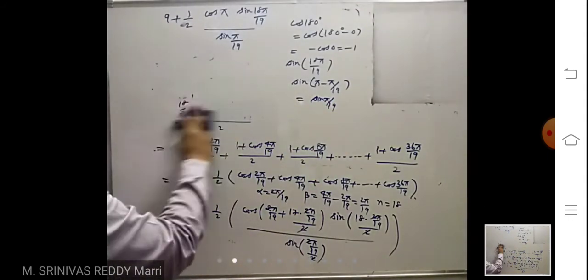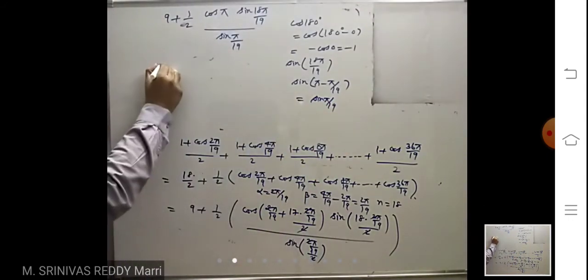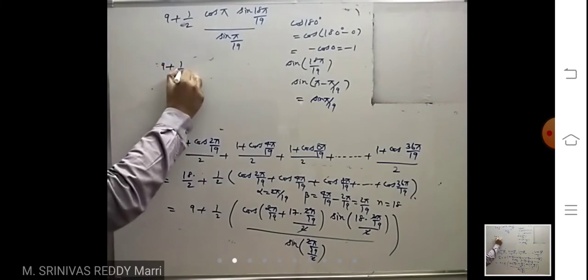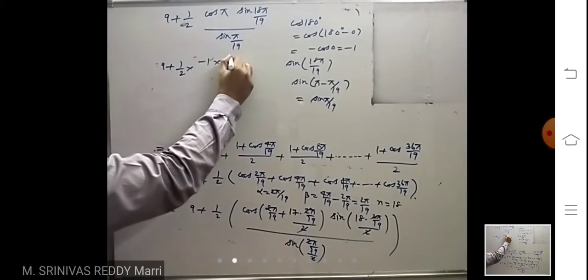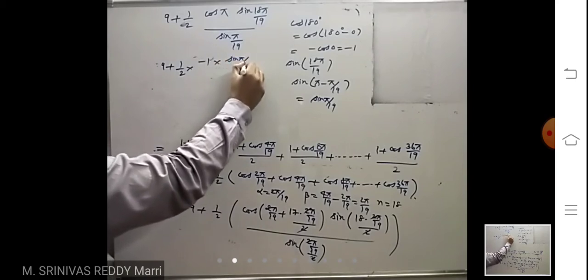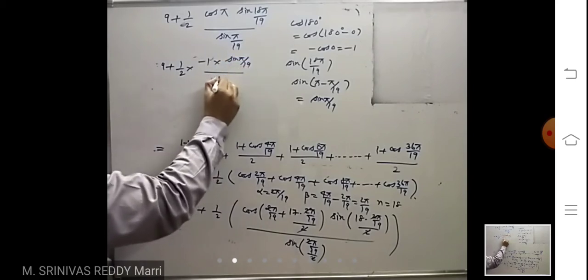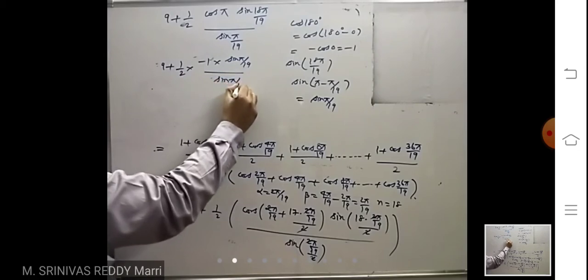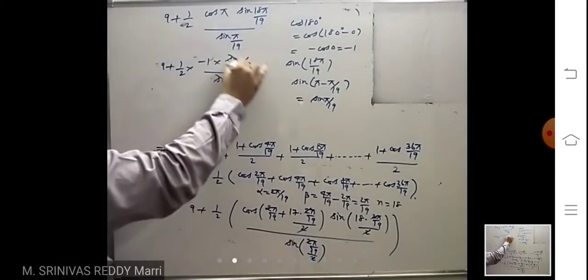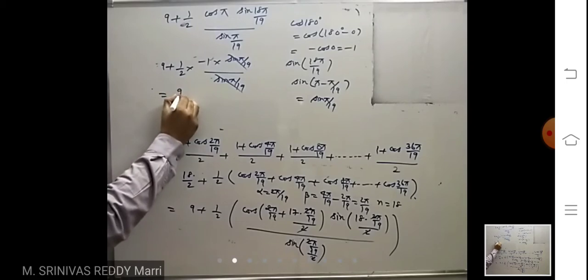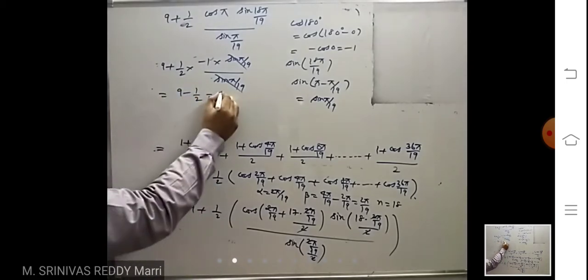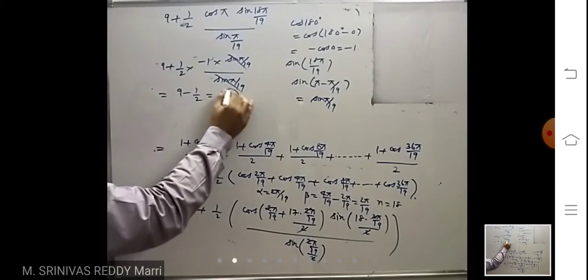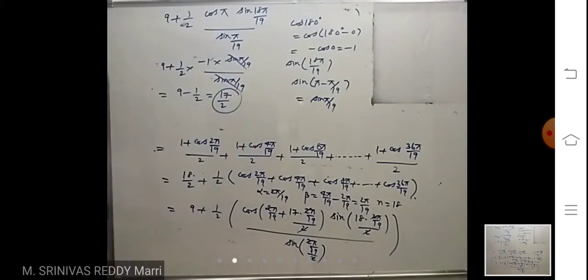In place of those, you replace: 9 plus 1 by 2 into minus 1 into sine pi by 19 divided by sine pi by 19. This and this will get cancelled. So 9 minus 1 by 2, that means 18 minus 1. Answer is 17 by 2.